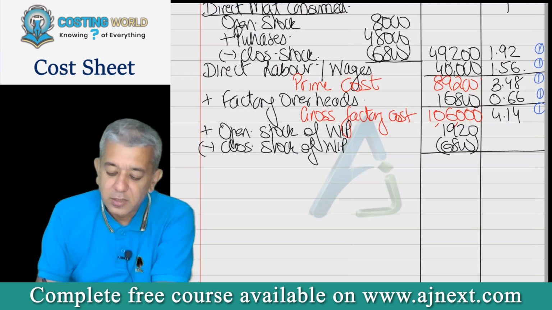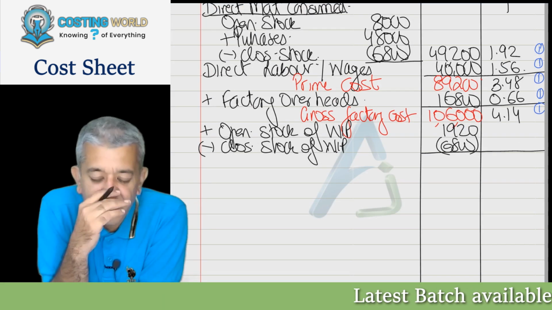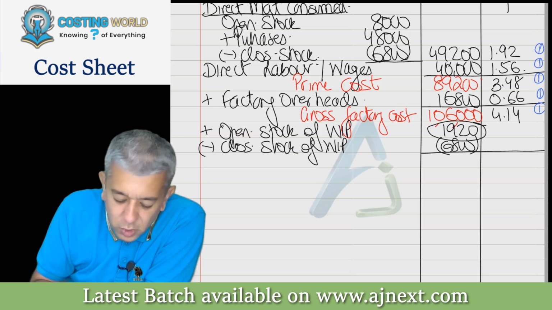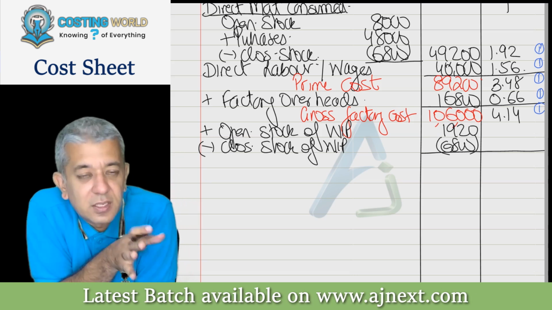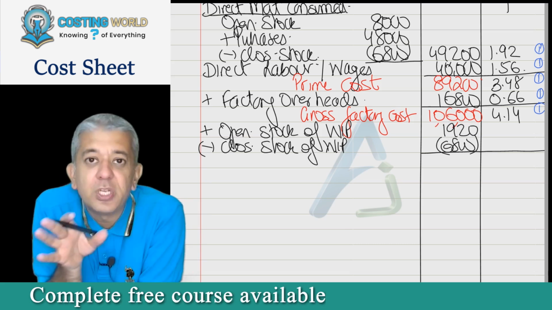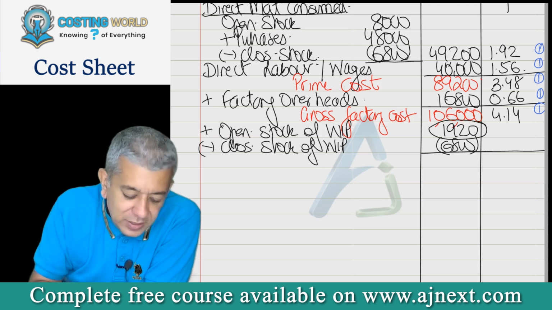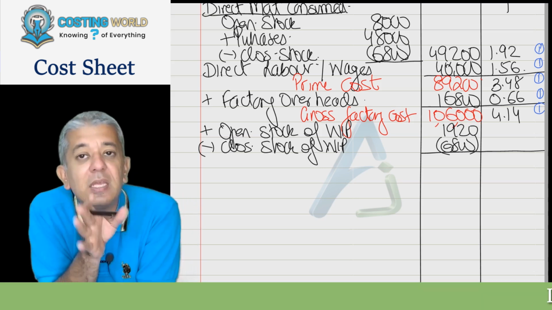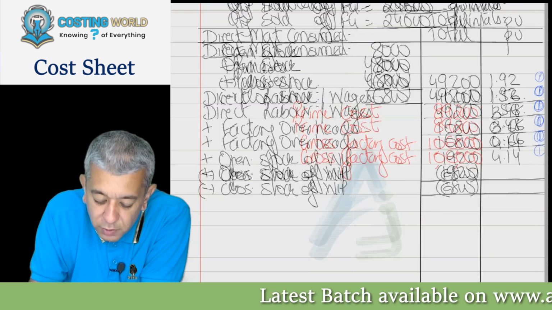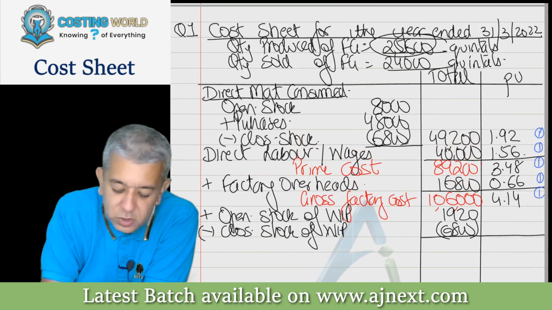Now see. Sir, what about the per unit figures of this? Now see, common sense, whatever I'm saying. This is opening stock on the first day. It makes absolutely no sense to divide this particular figure by either quantity produced of finished goods of this entire year or quantity sold of finished goods of this entire year.